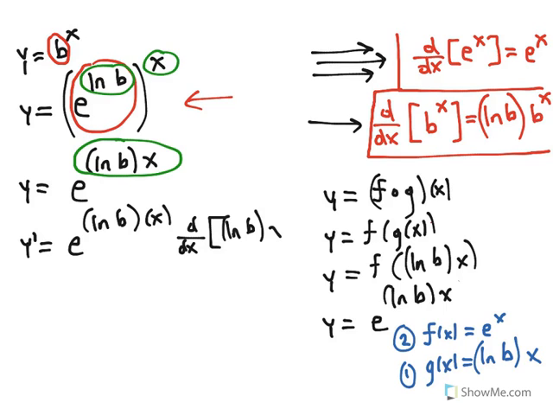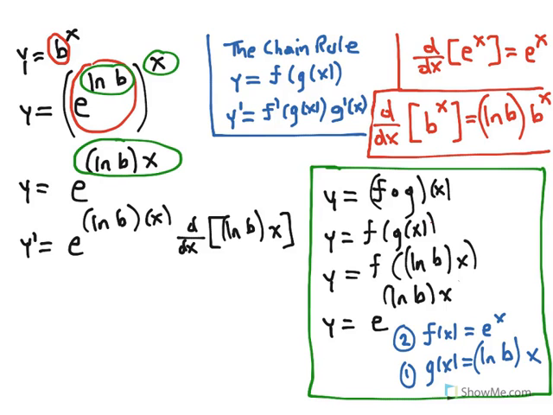This is what the chain rule says we should do to find the derivative of a composition of two functions. So again, here's the chain rule. Take the derivative of the outside function, evaluate it at the inside function, and multiply by the derivative of the inside function. So now we'll go ahead and complete our derivation.